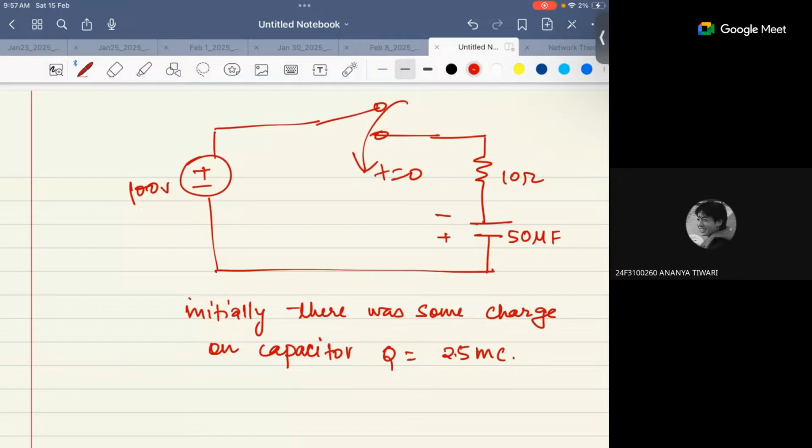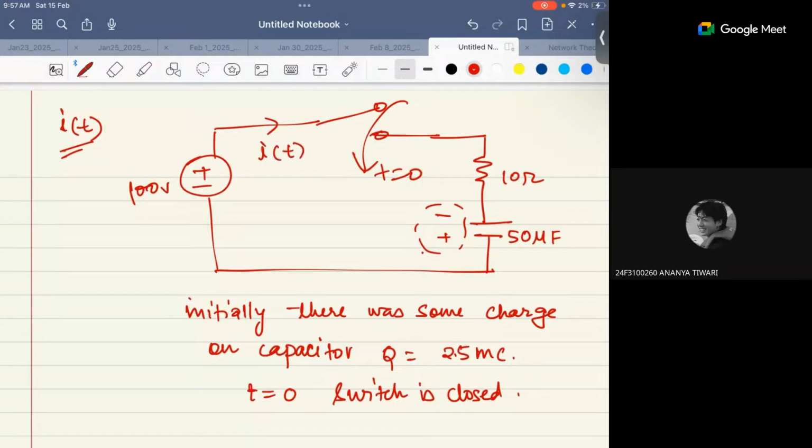And the polarity of the voltage is like this, minus plus. Now at t equals 0, the switch is closed. Now you have to tell me the current i(t). Okay, so this is i(t).